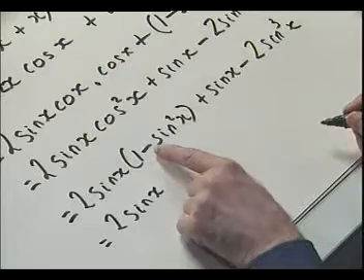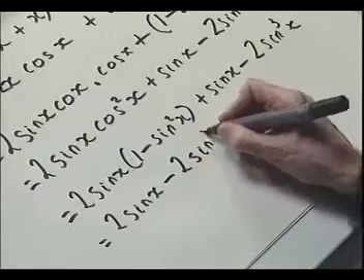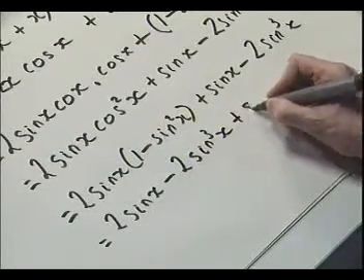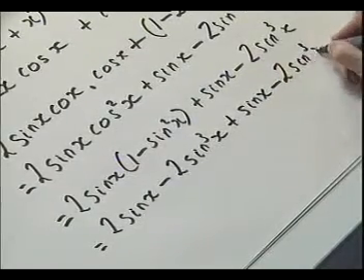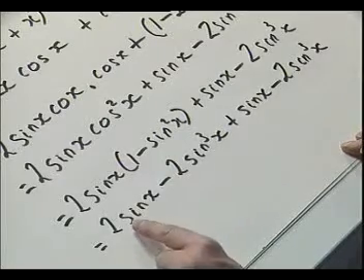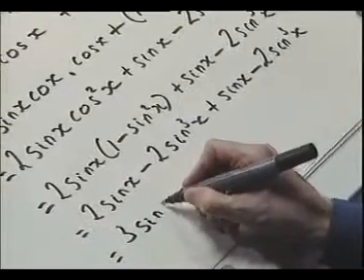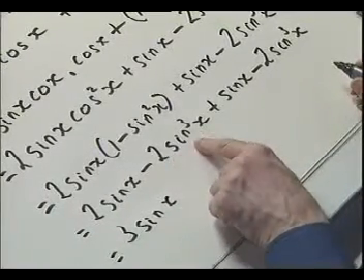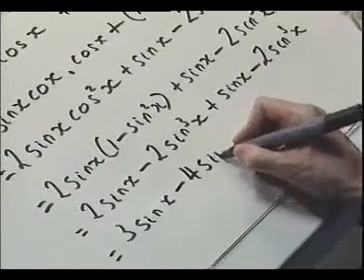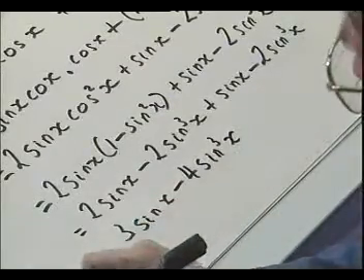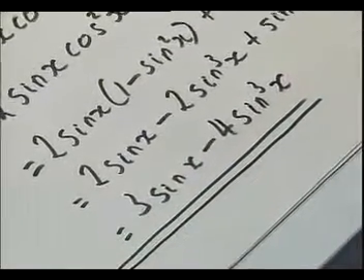Then we have 2 sine x times by minus sine squared, minus 2 sine cubed x, plus sine x minus 2 sine cubed x. 2 sine x plus sine x, that's 3 sine x, minus 2 sine cubed minus 2 sine cubed is minus 4 sine cubed x. And there everything is in terms of sine x.